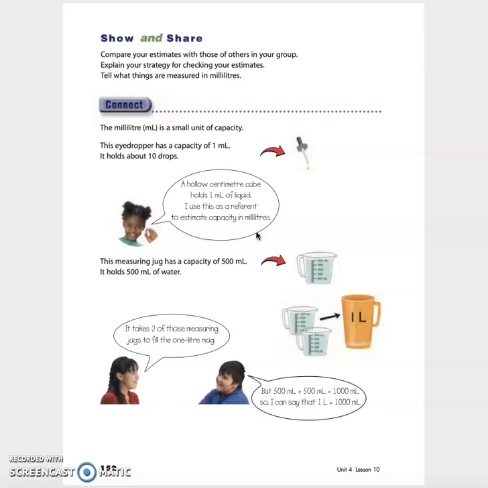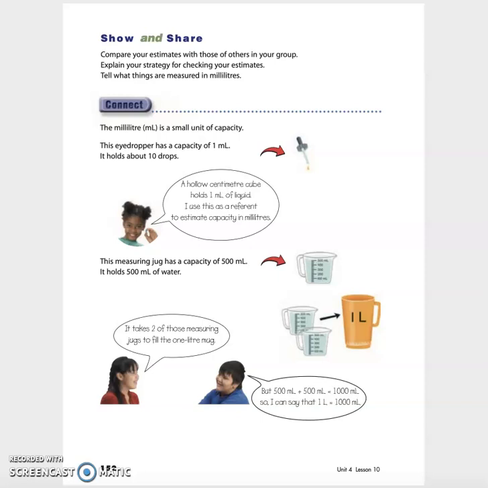for your liquids. In terms of conversion between milliliters and liters, what we're looking at is 1,000 milliliters makes up 1 single liter. So if you have 2 things of 500 milliliters, like it shows in the picture, you put those 2 cups together, you end up with 1,000 milliliters.